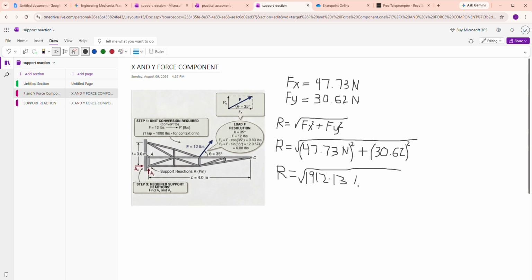And we can add it to the square of 30.62, which is 937.58.